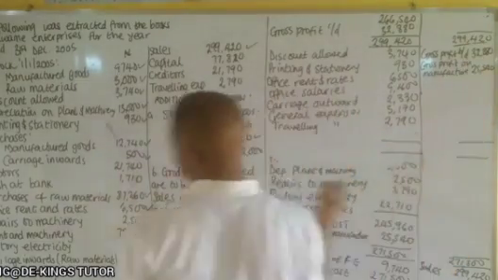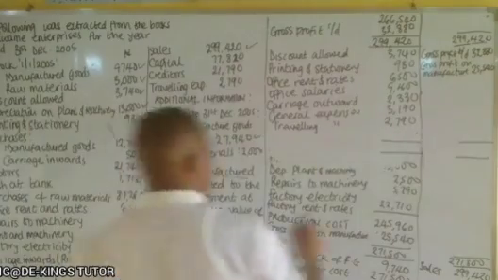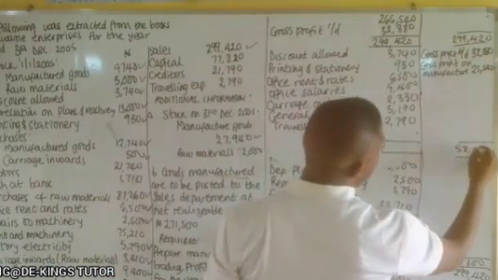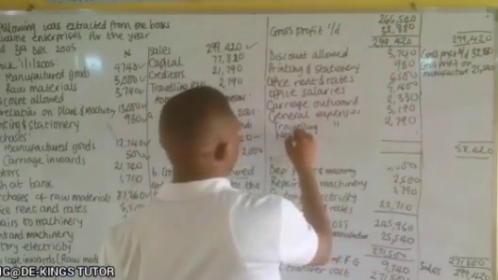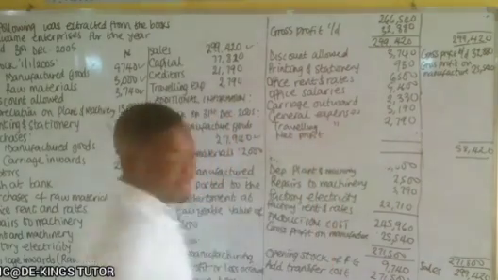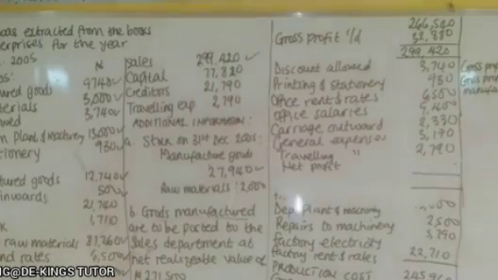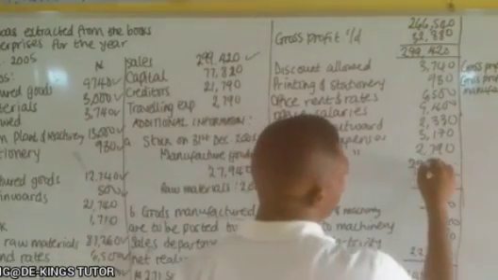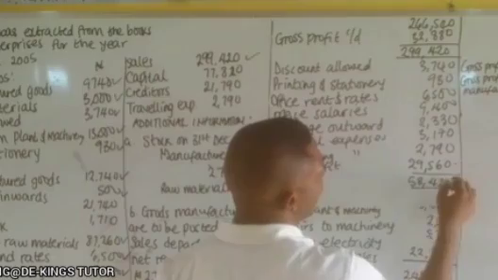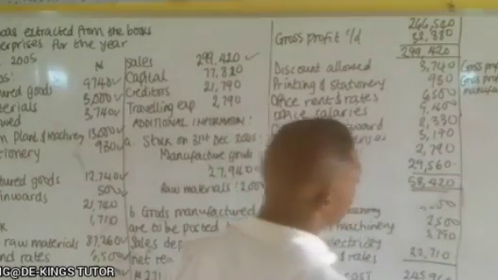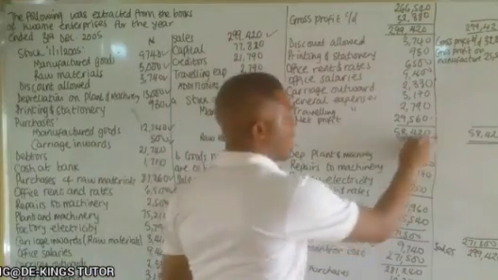If you add this now, it's supposed to give us 58,420. So if we add all these expenses and deduct it from this, we're supposed to have a net profit of 29,560. Such that when you add it together, it should give us 58,420. So that becomes our manufacturing, trading, profit or loss account.